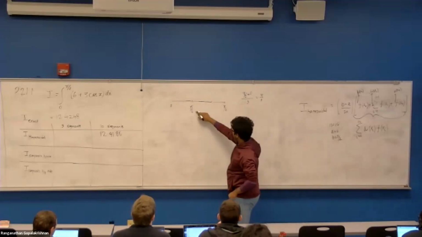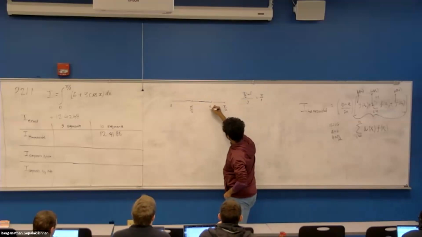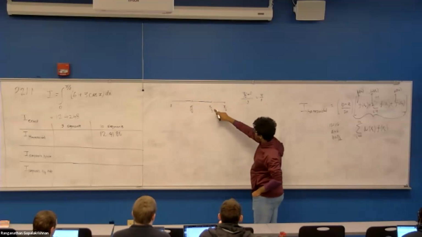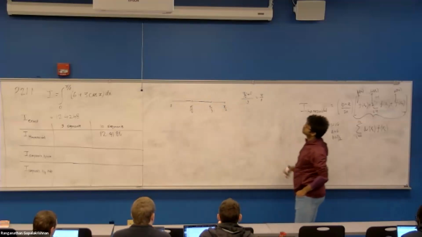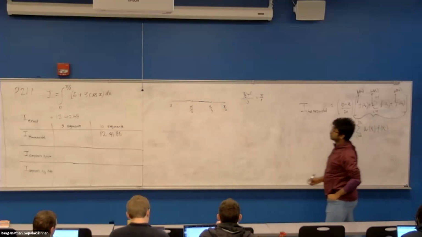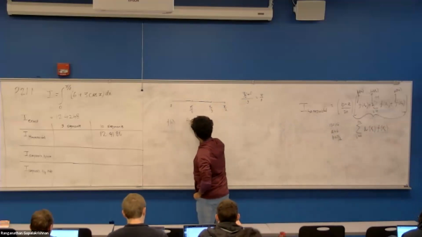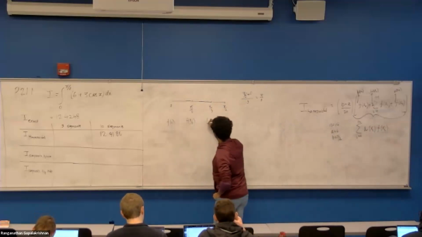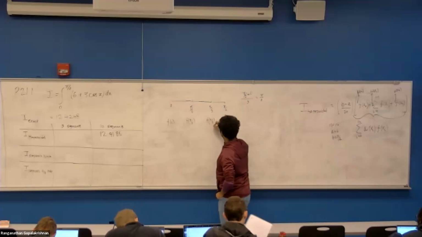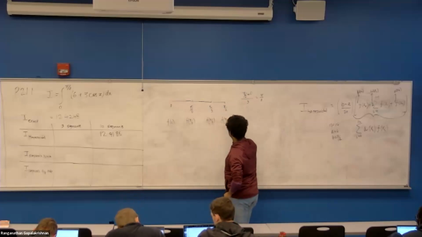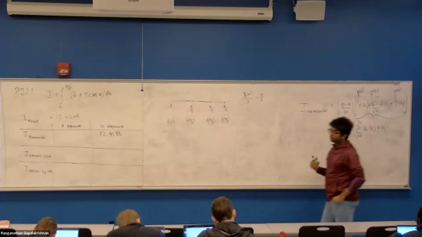And then 2 pi by 6, which is pi by 3, and 3 pi by 6, which is pi by 2. So compute f of 0, f of pi by 6, f of pi by 3, and f of pi by 2. Compute those values, those who are doing it manually.